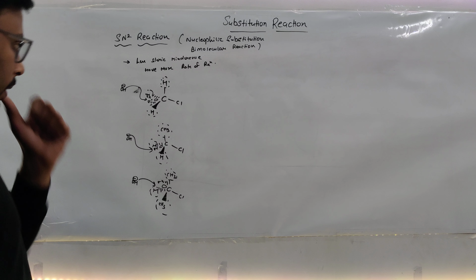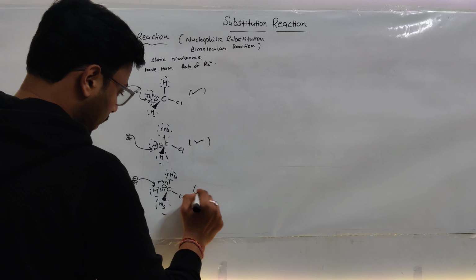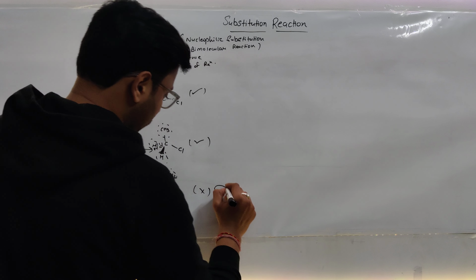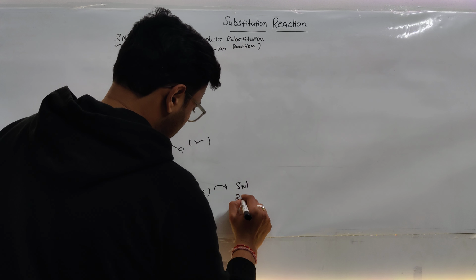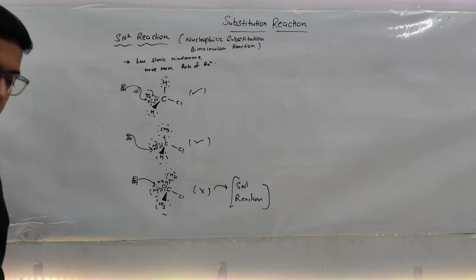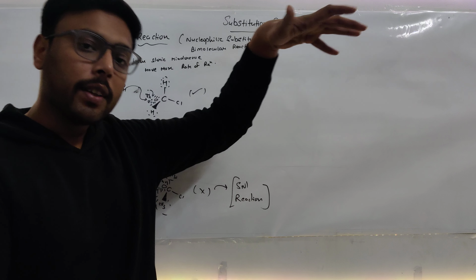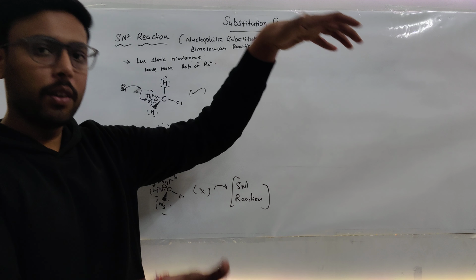So this attack is favorable, and this is also favorable, but this is where SN1 reaction takes place, because two bulky methyl groups give steric hindrance to the upcoming nucleophile.